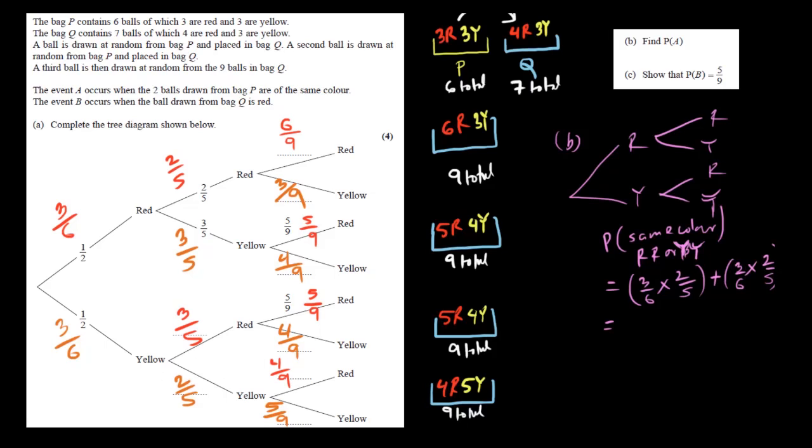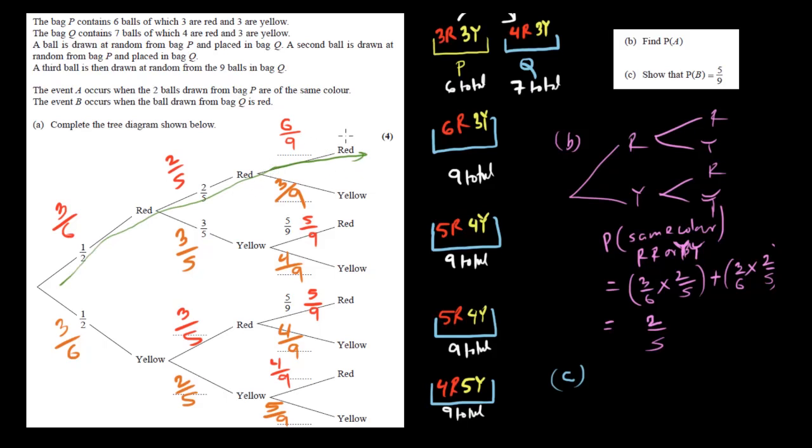And in question number C, we have an event called B, and they have already given the probability. That means they think it's going to be difficult, so they give the answer, but it makes no difference. Ultimately, you have to find the answer. So event B is find the probability that the object from Q is red. The final item is red. So we have to think about what are all the permutations. The permutations are red, red, red.